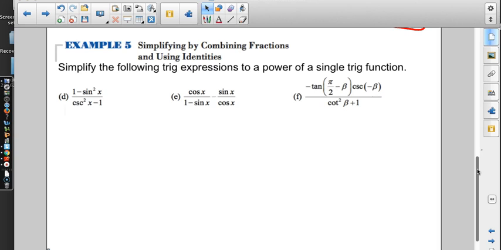But I look at D and I think, isn't this something that would be working from our Pythagorean identities up there? If you took 1 and you subtracted sine squared x, what would you get? Cosine squared x.